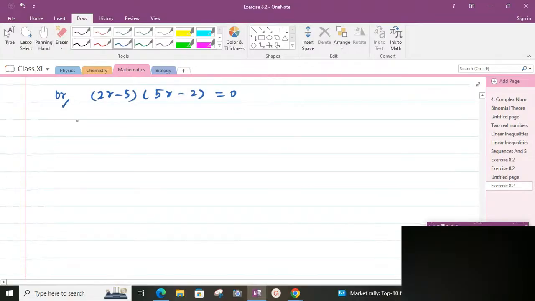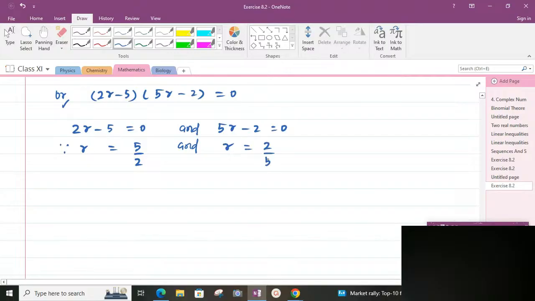Therefore 2r minus 5 equal to 0, and 5r minus 2 equal to 0. Therefore we directly write r equal to 5 by 2, and r equal to 2 by 5.